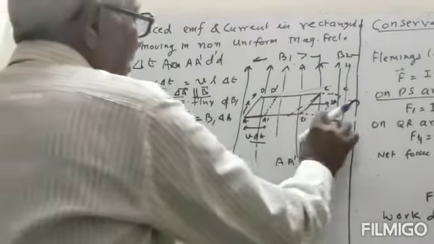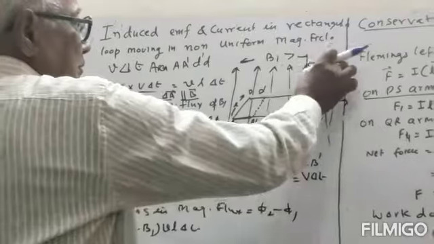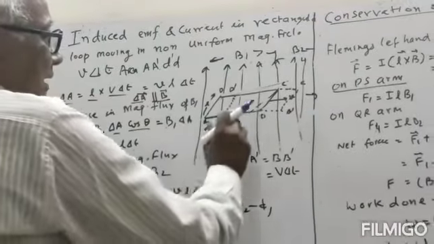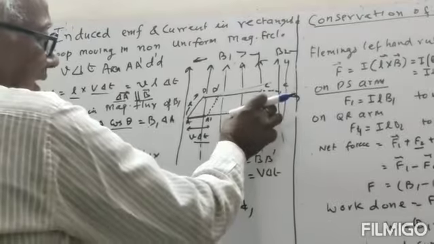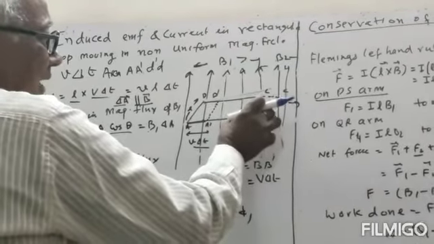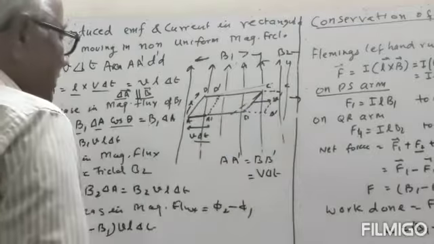Similarly, for the second part, the B2 magnetic field, the area is increasing, so the magnetic flux will increase when it is moving with velocity v.